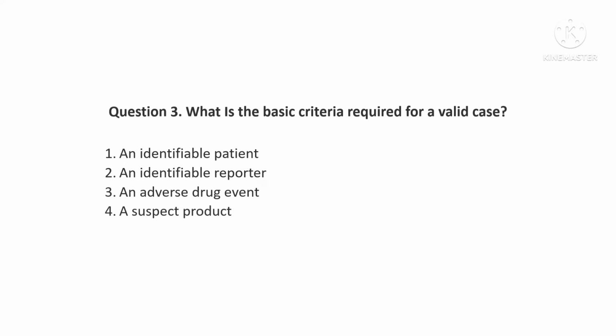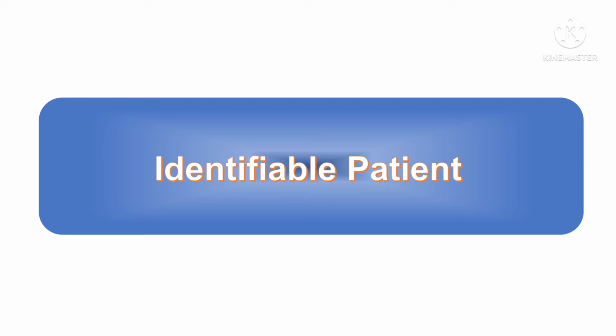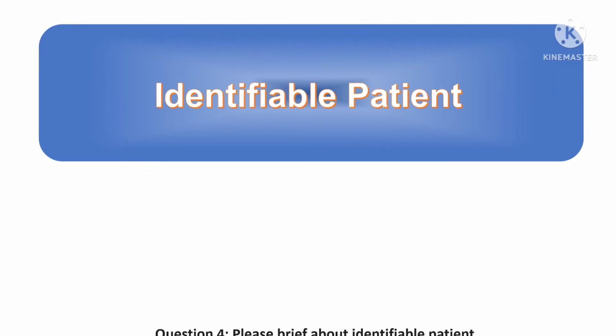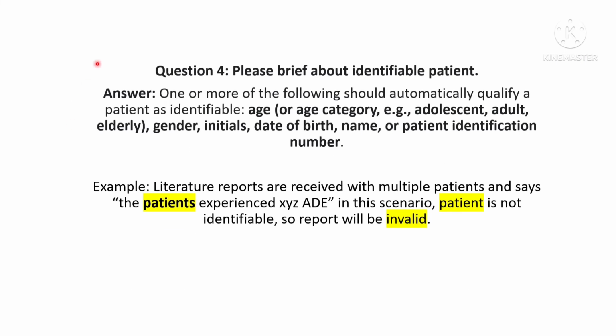Start with the identifiable patient. The question is, please brief about the identifiable patient. The interviewer may ask this question in different ways, so just keep in mind what an identifiable patient is.